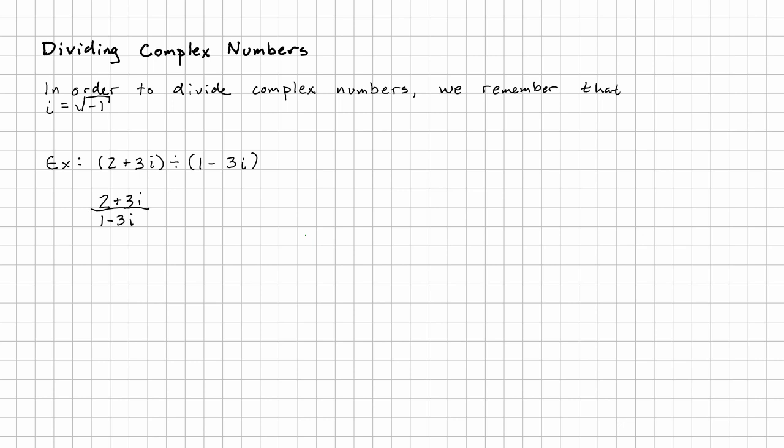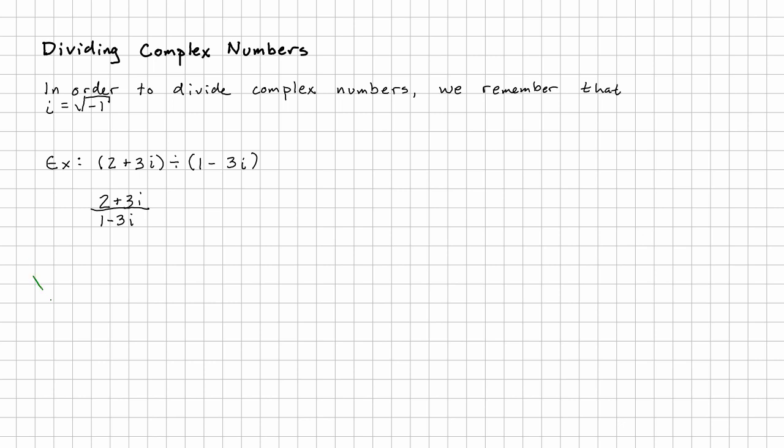Now the reason that we can't do anything more with this is that we have two terms in the denominator. Because we have two terms in the denominator, we can't just go ahead and do division. Two terms in the numerator, that's fine, we can just distribute the division. But if I have two terms in the denominator, there's just no way to get that split up.